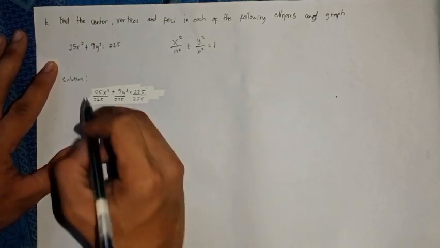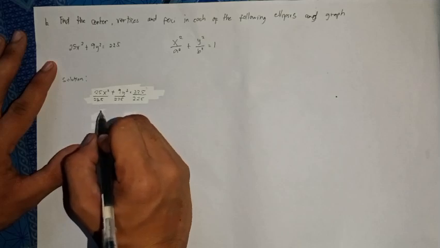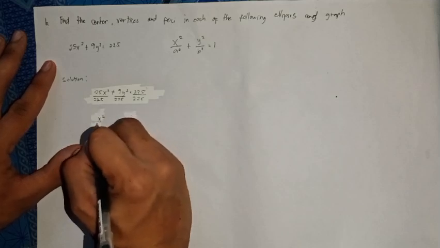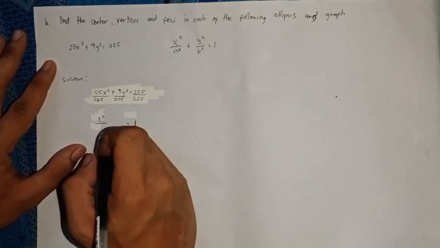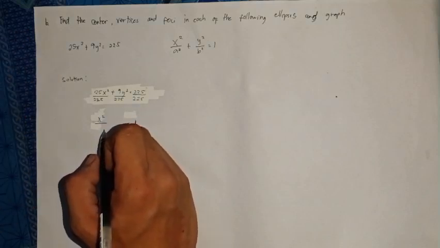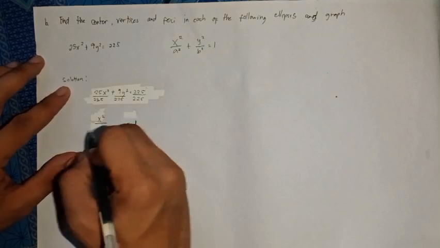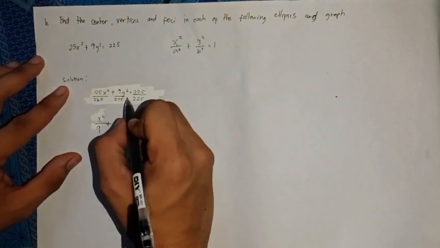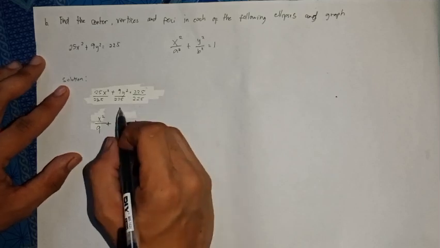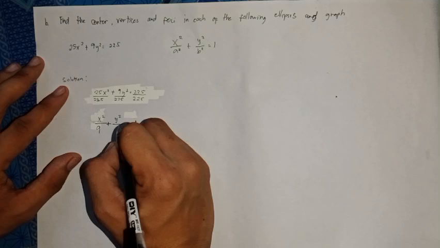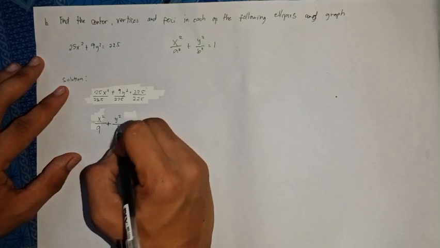And 25x squared divided by 225, we have x squared over 9. And 9y squared over 225, we have y squared over 25.